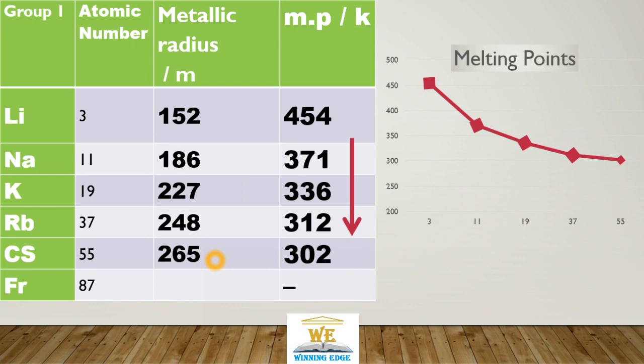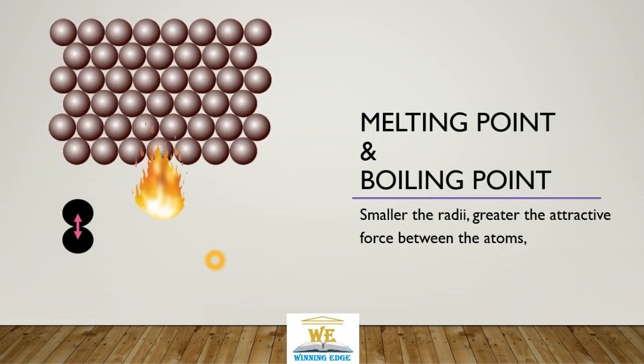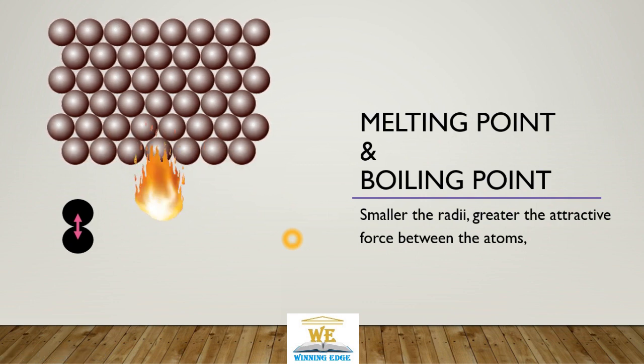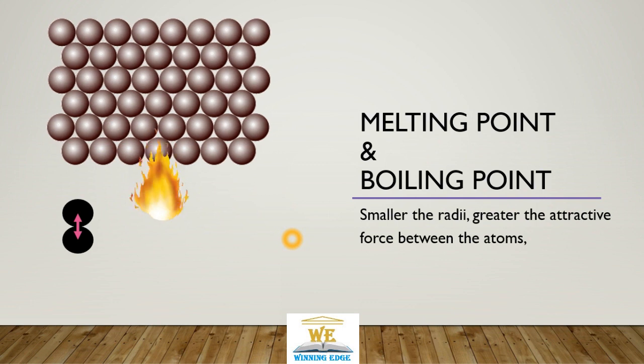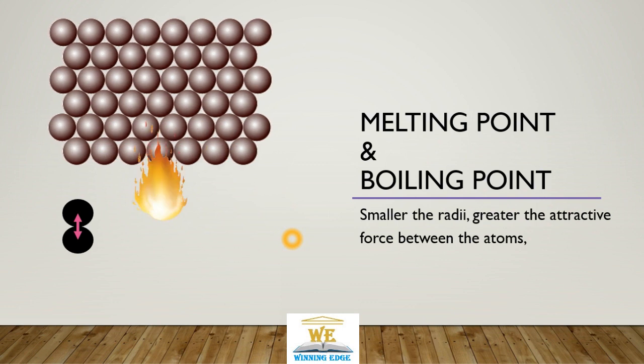The correlation is: the smaller the radii, the greater the attractive force between the atoms. The greater the force, the higher the melting point, because more energy will be required to overcome such attractive forces.